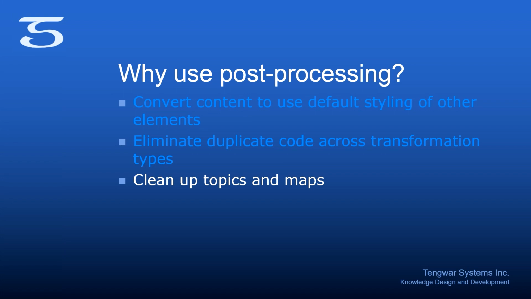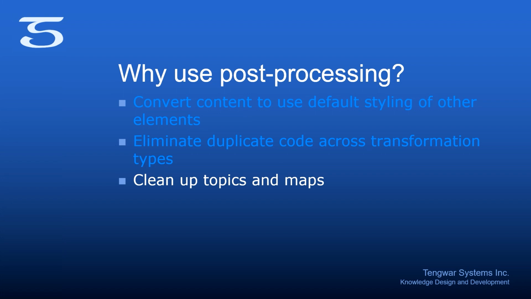But then the authors don't delete them if they don't use them, so you still have these empty elements in your data source. Rather than having to deal with this in each trans type, you use your post-preprocessing to remove those empty elements.